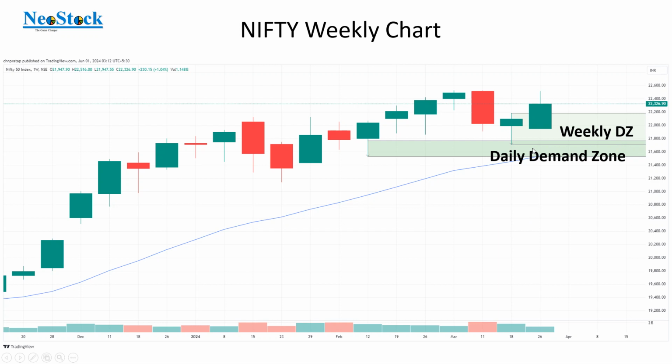So that means this daily demand zone is responsible for the creation of the weekly demand zone. That's why we can say daily demand zone is the origin for the weekly demand zone. I repeat, daily demand zone is the origin for the weekly demand zone.